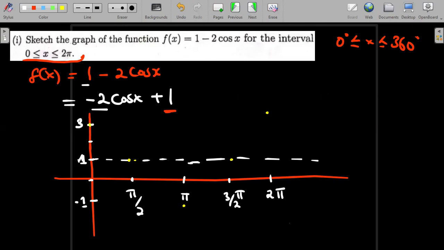Now, there's this negative here. So if this was just 2 cos x plus 1, then it will look this way, which we're going to graph. So I'll graph it such that you see it will pass there like that, cos, then it's going to go the way.